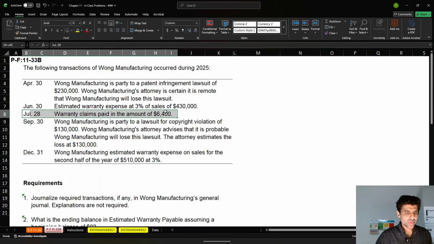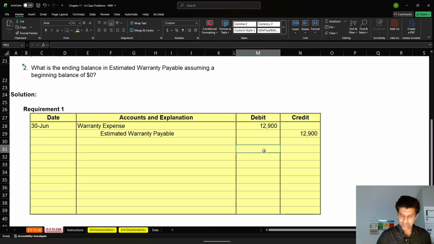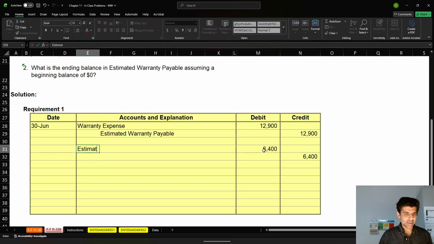July 28th, we paid warranty claims, 6,400. So again, we talked about how we do this before. We're not going to take the warranty expense again. We're just going to draw down this estimated warranty payable.